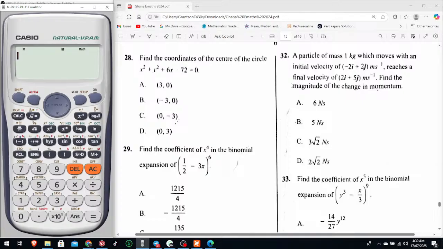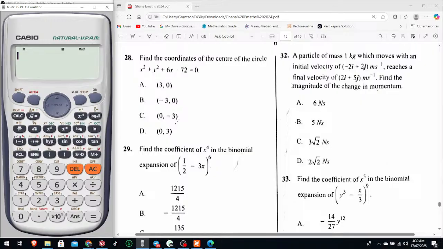My writing part is not connected, so you guys have to give me solutions to solve. A particle of mass 1 kilogram moves with an initial velocity of u, and reaches a final velocity of v. Find the magnitude of the change of momentum. How do you do that?